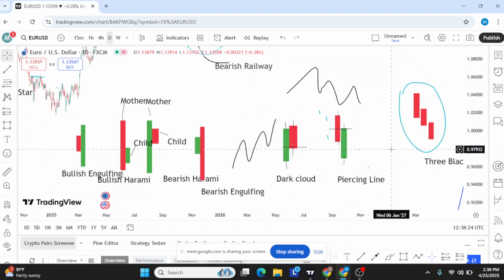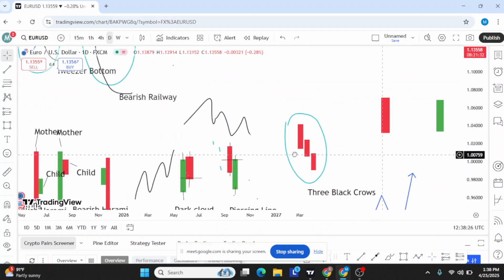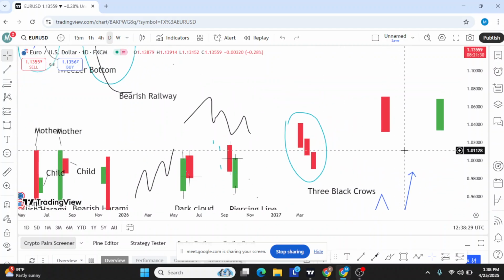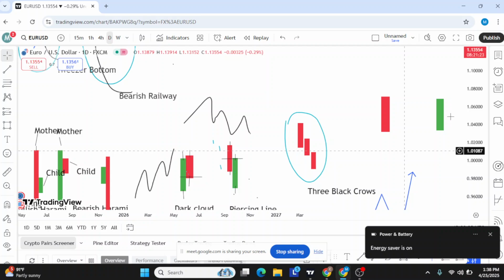So in that three candlestick scenario as well, you want to wait for the closure of the third candle to form before you can make your decision. You want to make use of that third candlestick to form before you can make your decision on which candlestick patterns you want to use.